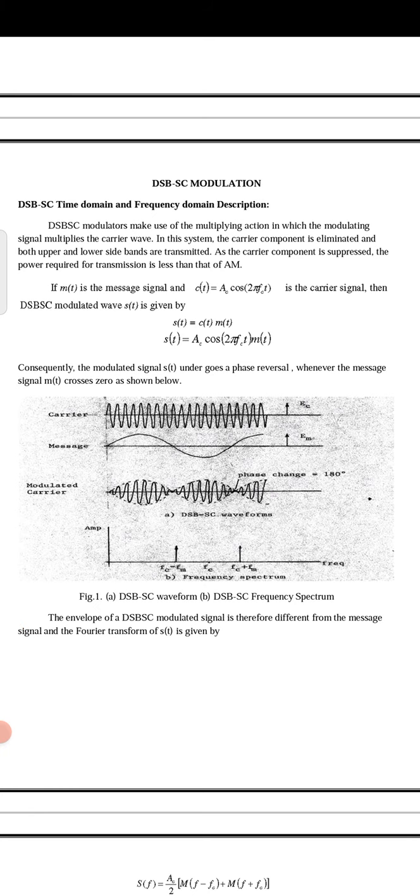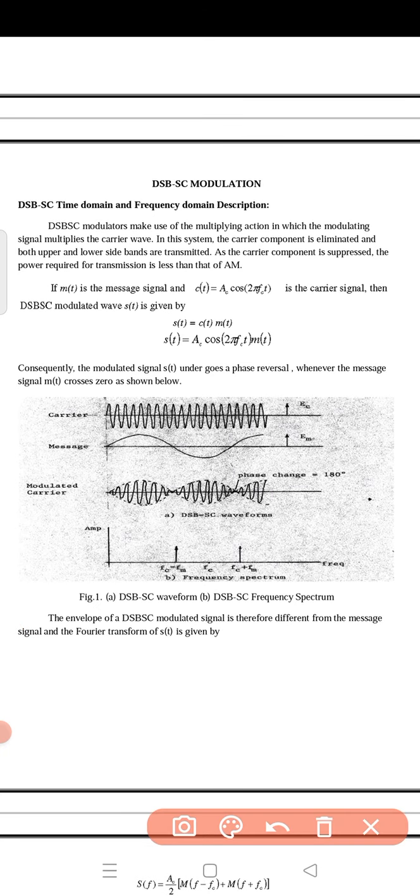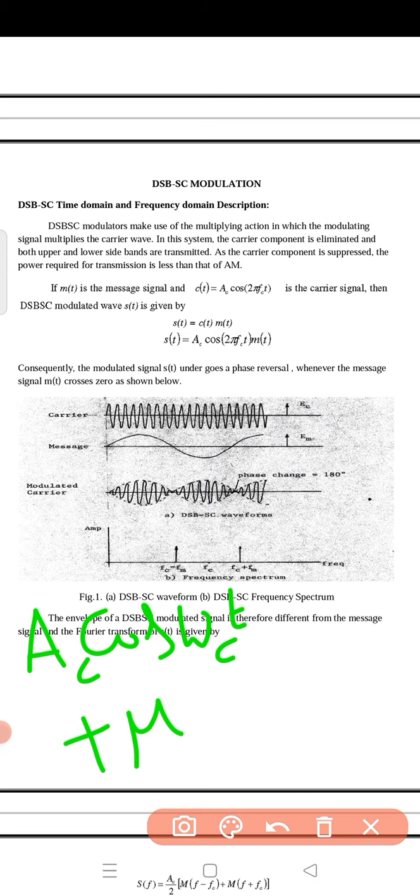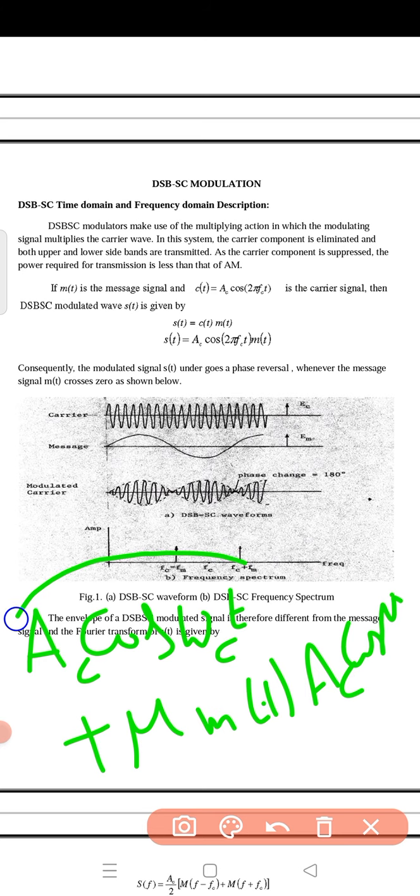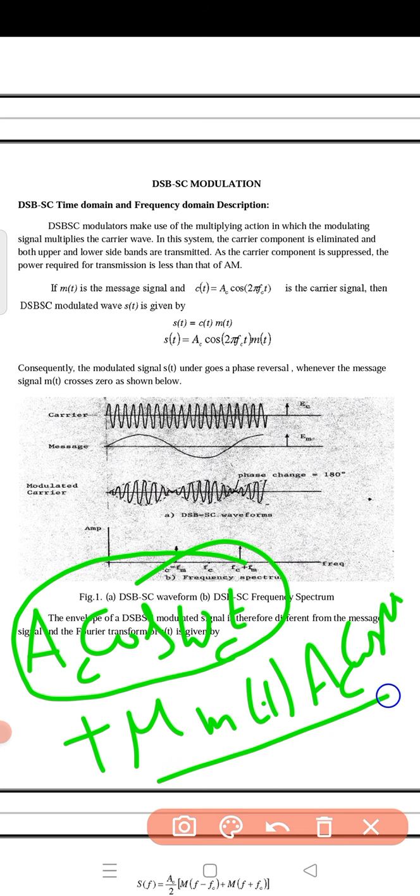I already wrote the equation: AC cos omega ct plus mu m of t AC cos omega ct. This is the final amplitude modulation equation. In this we want to suppress the first term.